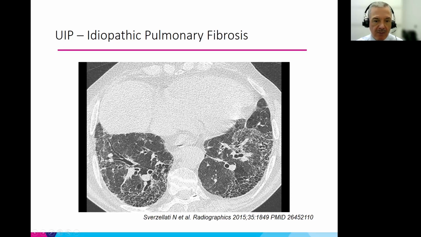This is a smaller bronchiole that has become very dilated by the stiffness of the lung and the fibrotic process, and the increased reticular pattern throughout, and some of the ground glass attenuation where there is increased density in the lung tissue because of inflammatory fluid. But in UIP, the predominance is for fibrosis, traction bronchiectasis, and reticulation, and honeycombing, and ground glass is less predominant.